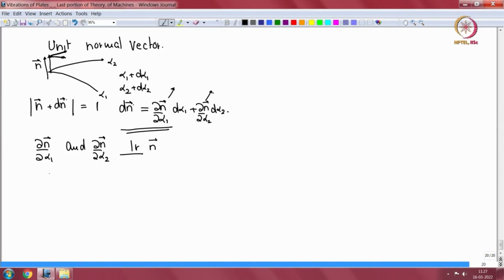So, let us say now that del n by del alpha 1 lies in the alpha 1 alpha 2 directions, and we have found T1 and T2 are unit vectors. So, it is some value times the unit vector in the 1 direction plus some value B times the unit vector in the 2 direction.